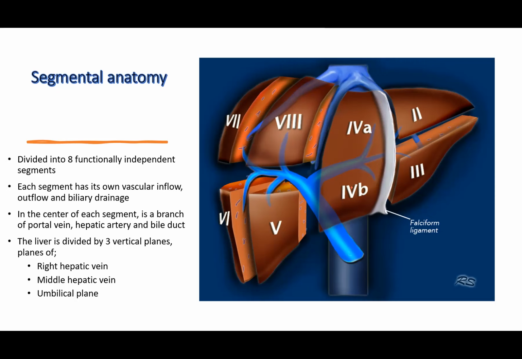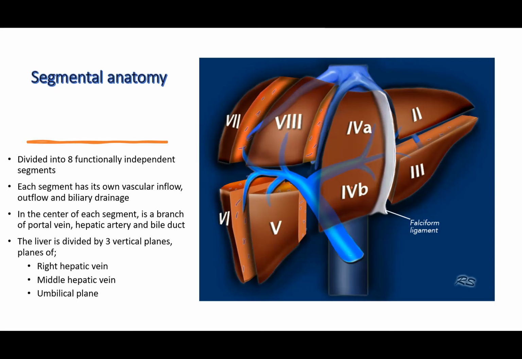And each of these can be resected off the liver without affecting the other segments. So a diseased segment can be independently resected as a segmentectomy without affecting other parts of the liver.